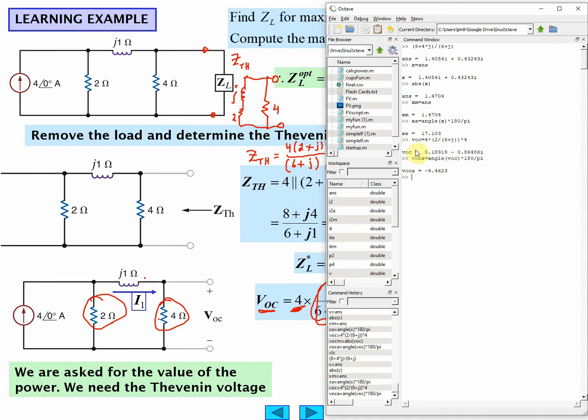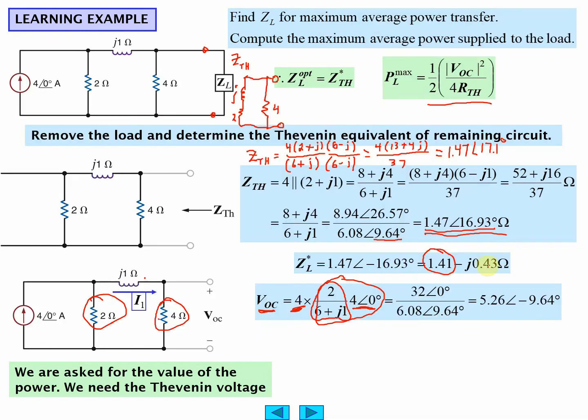And just plugged in the equation and got this value, and the angle for VOC is 9.46. There we go. Not 9.64. That was where it came in.